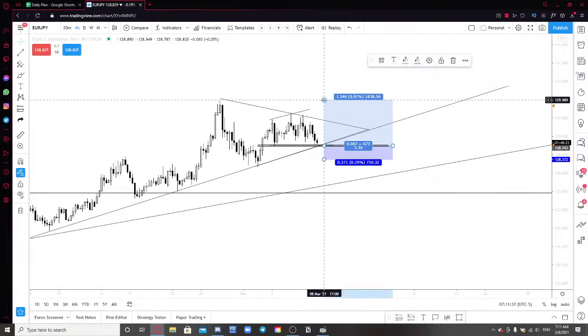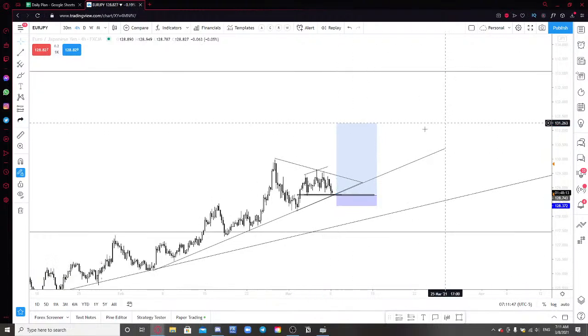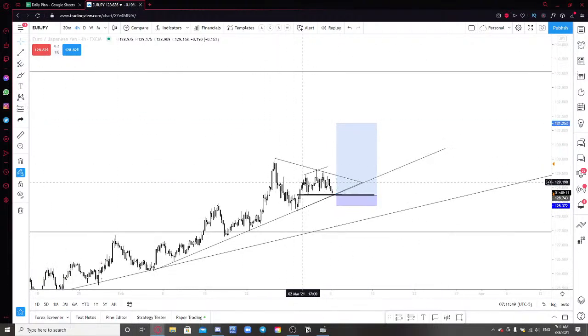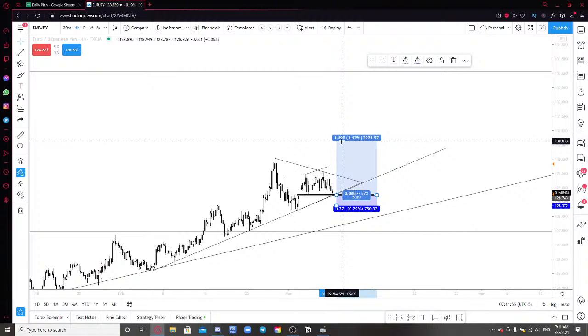Now my initial target is going to be this high here. If price continues to push, or depending on how price reacts to that area, I'll look to set my targets higher. Of course, that has potential to scale up all the way here, but I'm not going for that much. Let me check what I had.